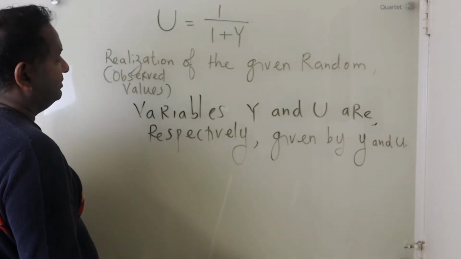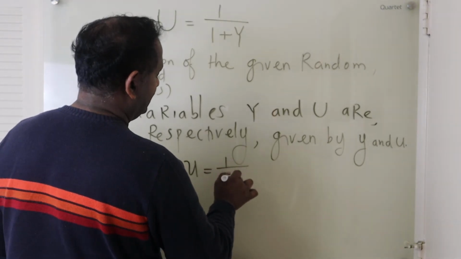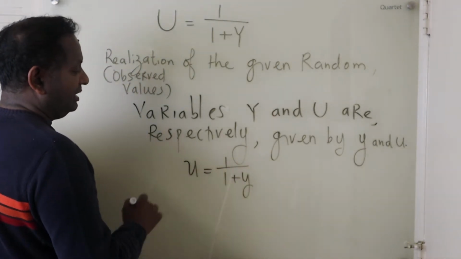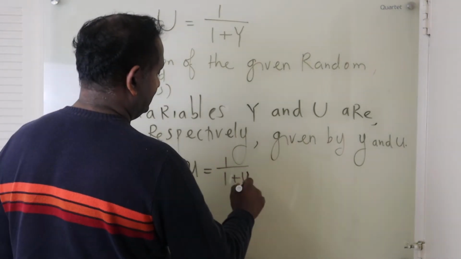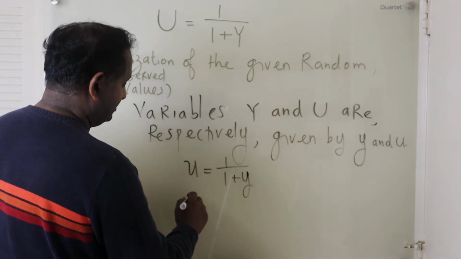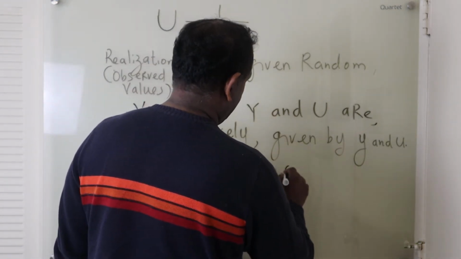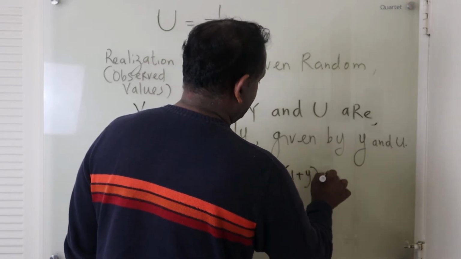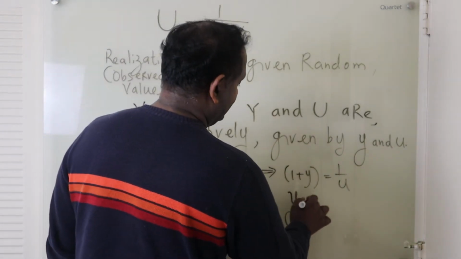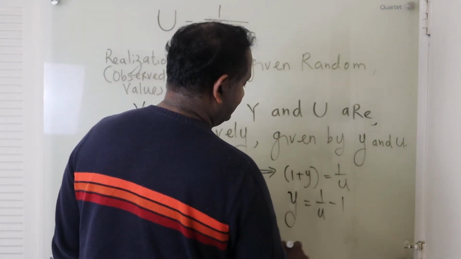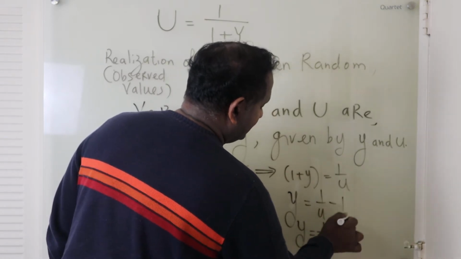So let's write the same thing with lowercase: u equals 1 over 1 plus y. Then we get y in terms of u. 1 plus y is nothing but 1 over u, so y is 1 over u minus 1, and then y is (1 minus u) over u.